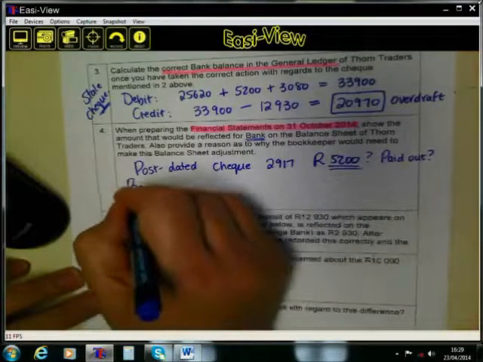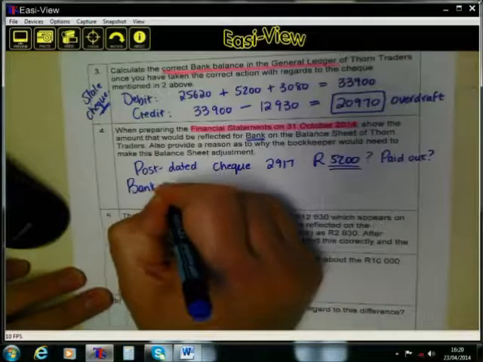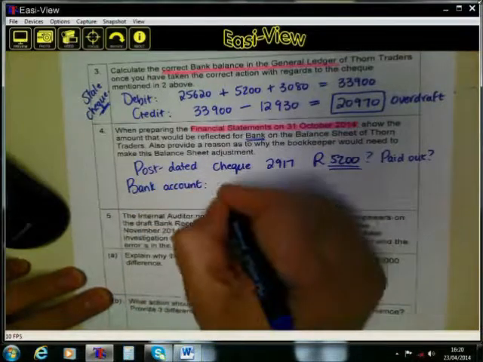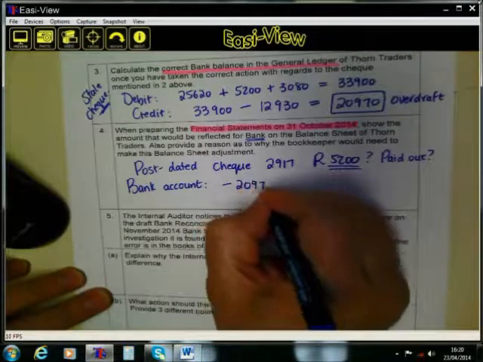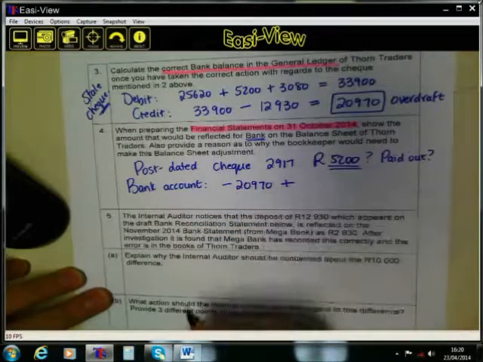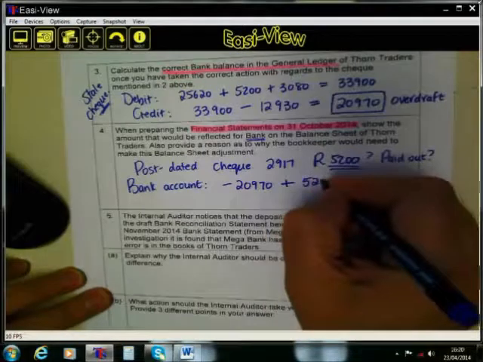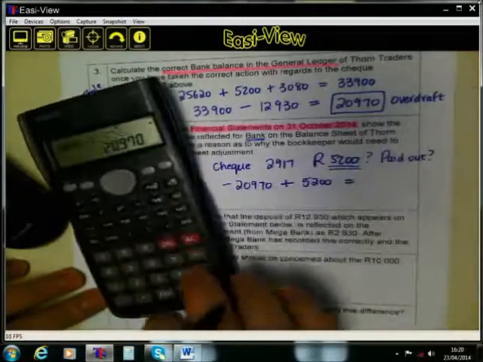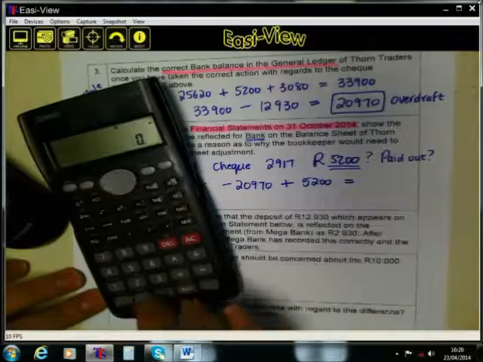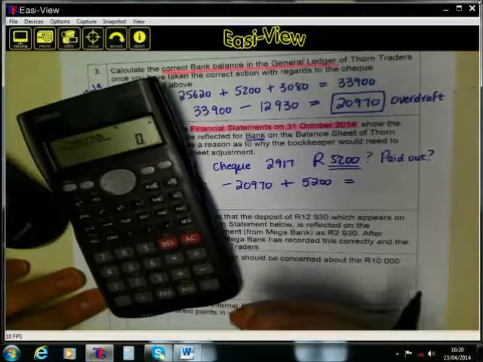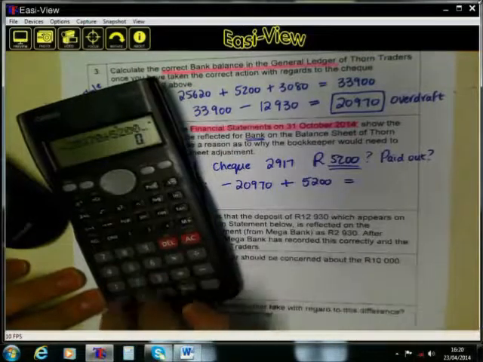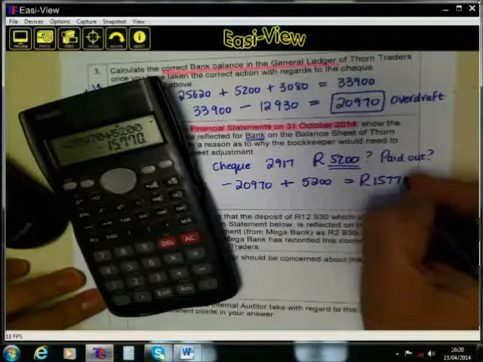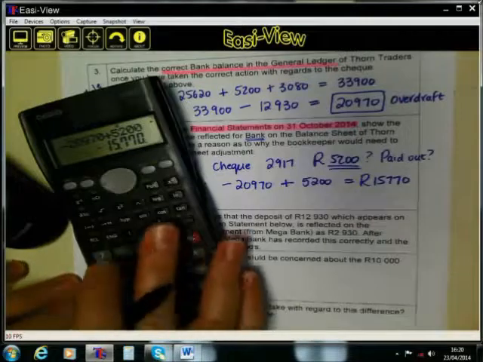So what you're going to do, you take your bank balance and you basically say minus 20970 and you add back the 5,200 Rand. So that means that your minus 20970 was in an overdraft, and the 5,200 was not paid out yet. And there's your bank balance.